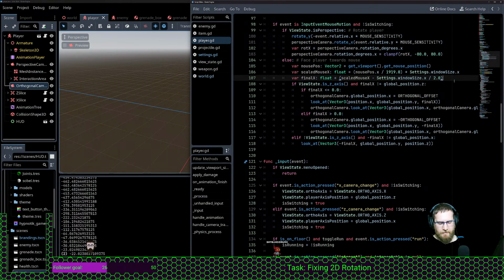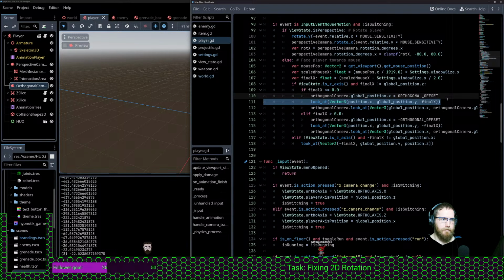So I know that the final X is now correct. We're scaling the mouse correctly because that's always going to be a 1920p range. But because this camera is now rotating with the player, when the player rotates the other way, I want the camera to jump on the other side.